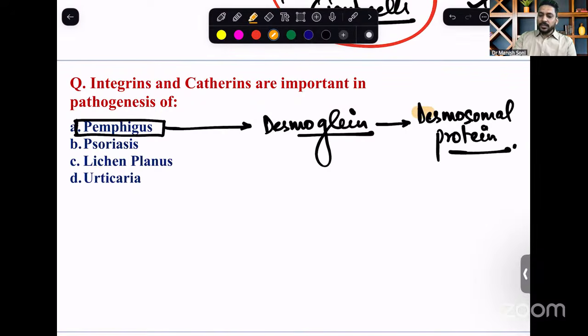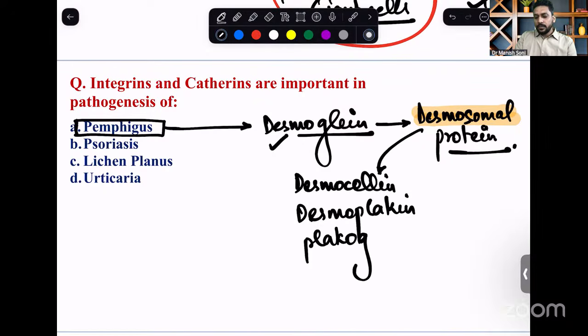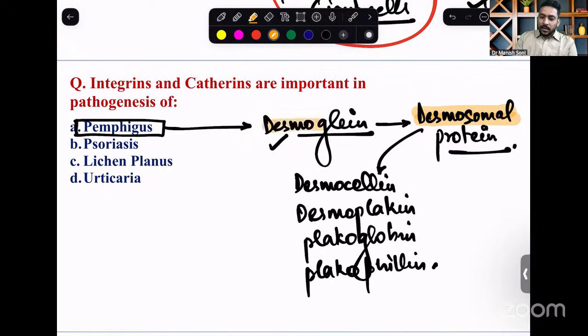So the proteins which are present in desmosomes are not only desmoglein, but desmocollin, desmoplakin, plakoglobin, and plakophilin. All these are desmosomal proteins.